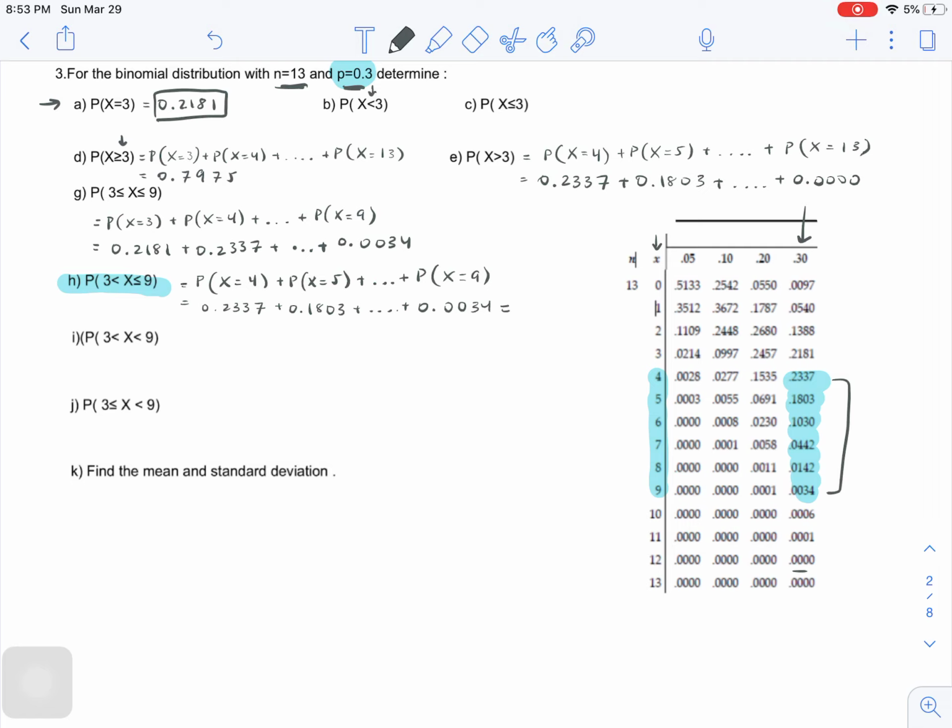For this, you should get, let's see, 0.5787. In part G, you should have gotten 0.7969.